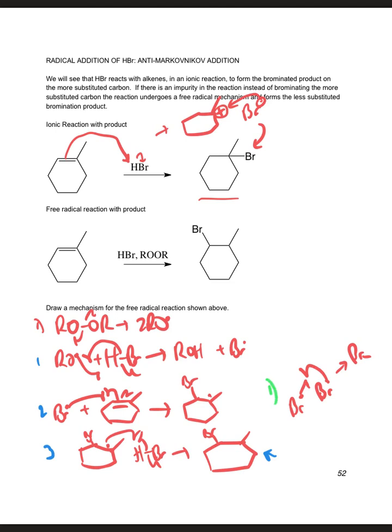Okay, so in this we always have to have one initiation, 2 or 3 propagation steps, and then the termination step. And we have to show all of that and make sure all of our products are formed in a propagation step.